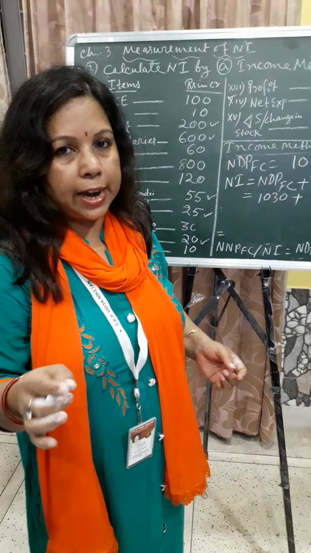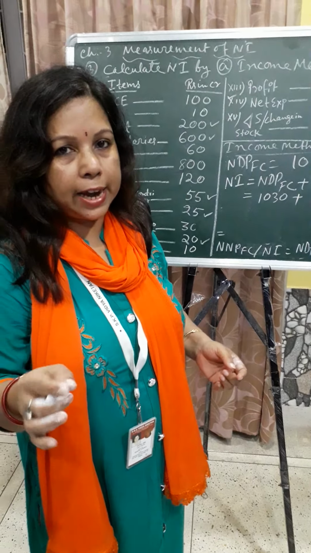According to the formula, plus NFIA, I am writing the plus sign, but in brackets you have to write minus. So net factor income to abroad is minus 30. Clear? At the time of calculation you have to think whether it is from abroad or to abroad. If it is from abroad, plus sign. If it is to abroad, minus sign.